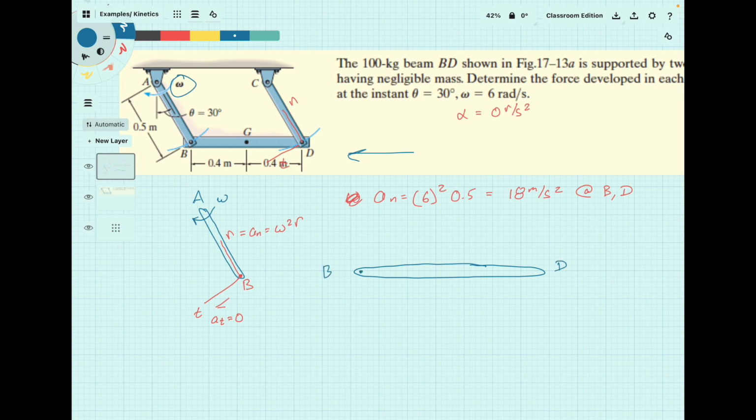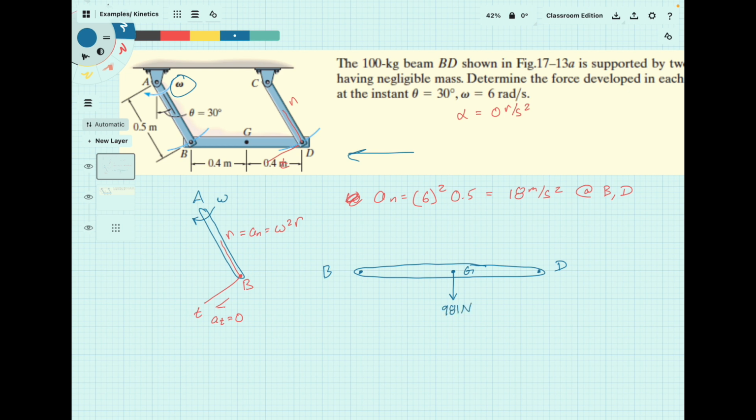I've solved the accelerations at B and D. And I'm going to be looking for some values at G. Okay, so in terms of forces, I'll definitely have the weight of the object. That'd be 100 kilograms. With gravity, that would be 981 newtons.